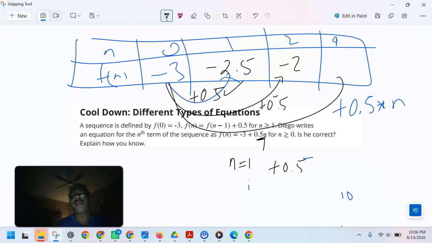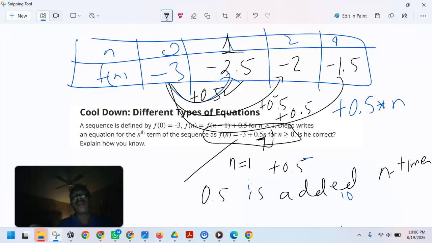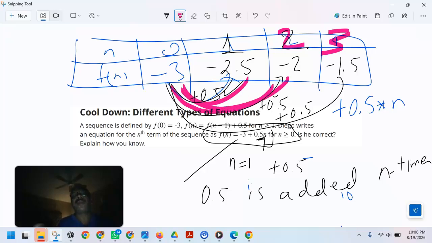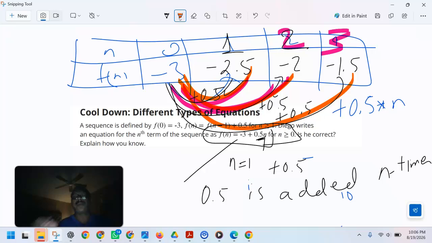If you want to write the next one, which is minus 1.5, this basically means how many 0.5s are added? N times. So if this was 1, you are adding only once. If this is 2, you are adding 1, 2. If this is 3, then you are adding 1, 2, and 3. That's what it means. Okay, so both are correct.